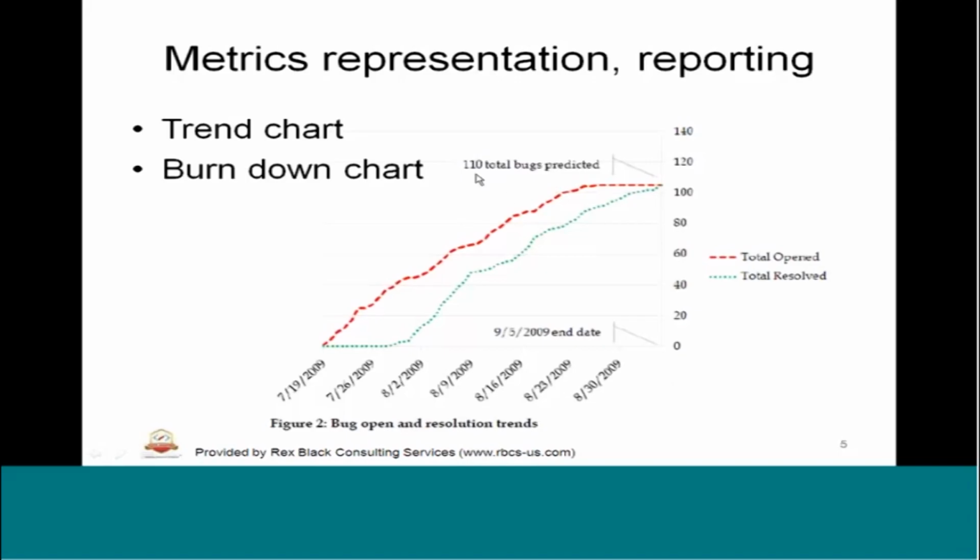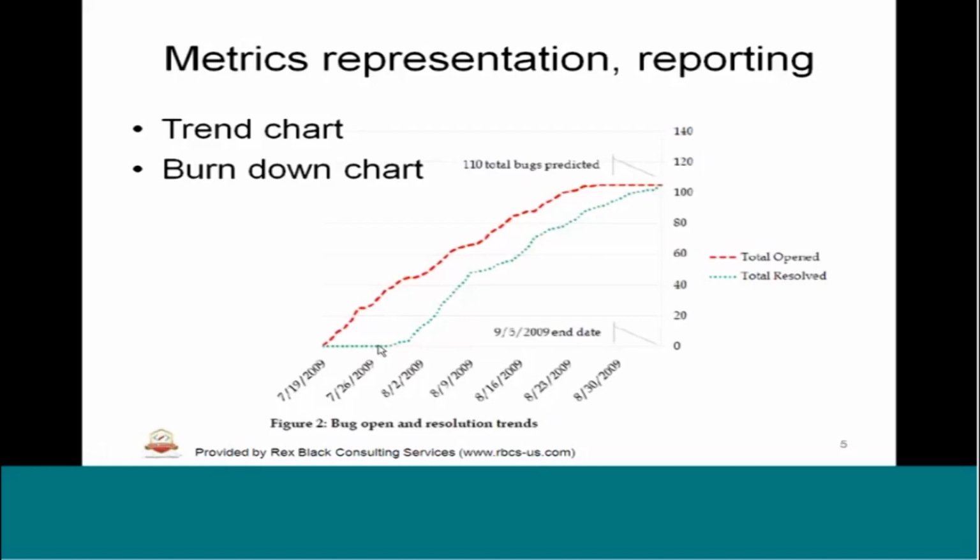So here a total of 110 bugs are predicted. At the start of the program there are 0 bugs, and next week, you have to put a cursor here and move to the right hand side, about 30 bugs are opened, out of which still 0 resolved.